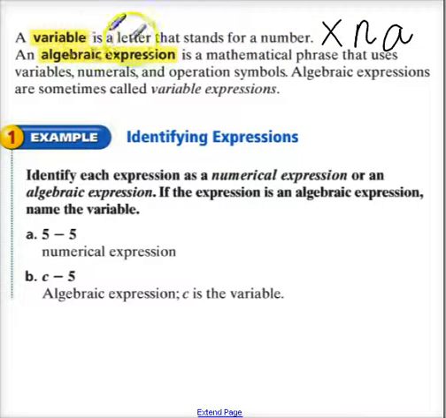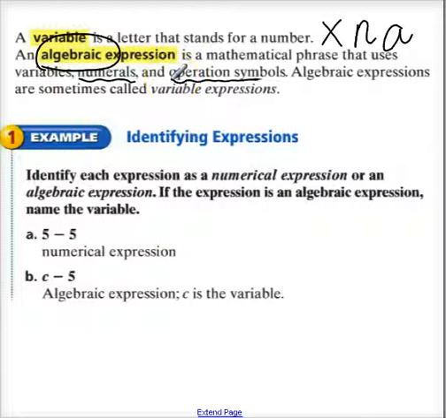When you have a variable in an expression, it's called an algebraic expression. Algebraic expressions are mathematical phrases, just like the numerical ones, that have numbers, operation symbols, and variables. So that's the difference between numeric and algebraic. One has variables and one doesn't.